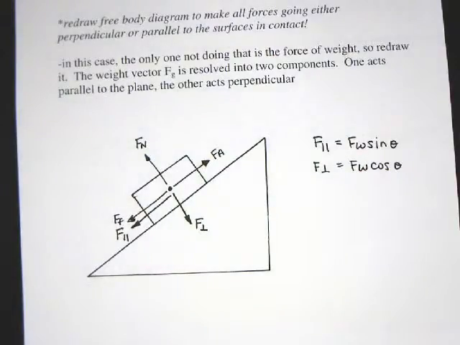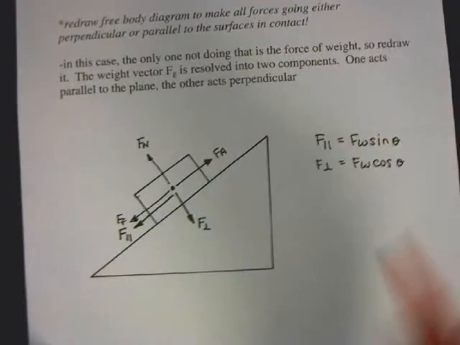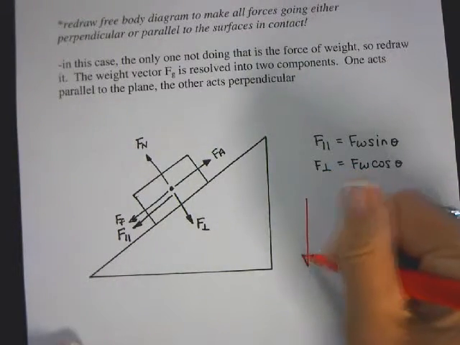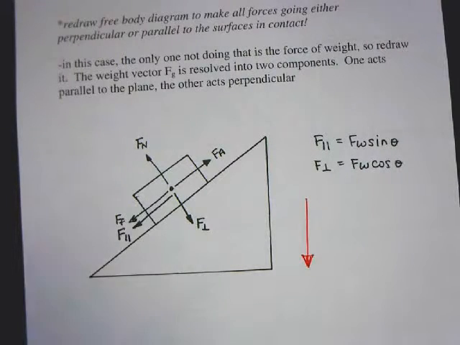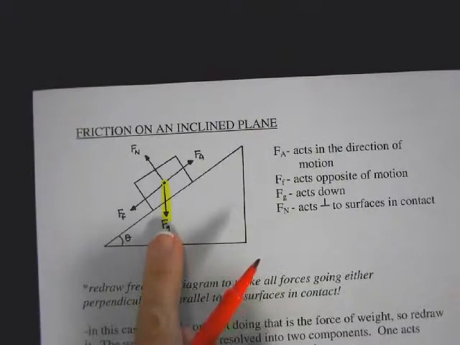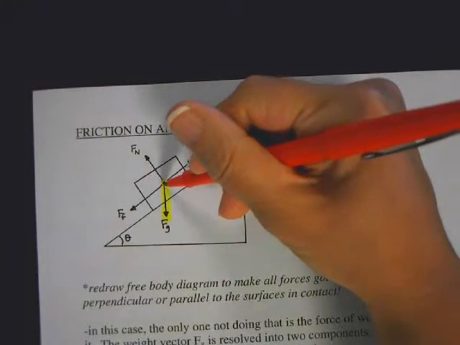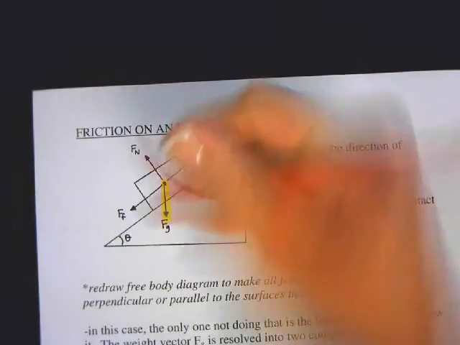Now, this is the part where our geometry comes in handy. Do not memorize this. Remember, my weight is acting down, and depending upon what you've learned in geometry, some of us can conceptualize things a little bit better than others. What I would do is, first you're going to draw one that goes perpendicular. Remember, here's my surfaces in contact.